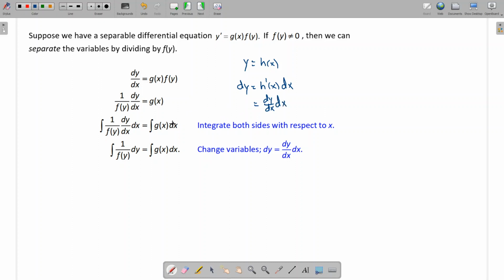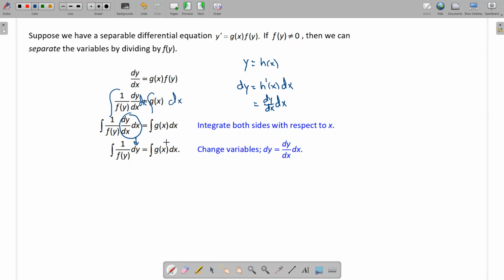So the idea is we're going to try to integrate both sides of this. When I integrate on each side with respect to x, you see that dy dx sitting there. And dy dx times dx is really just dy. This can be replaced with dy.